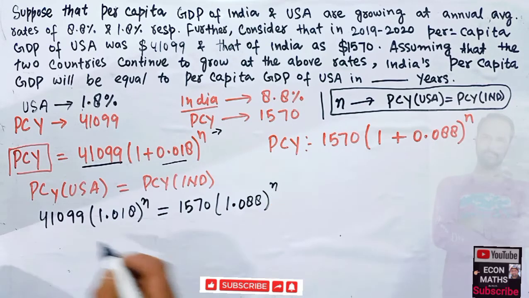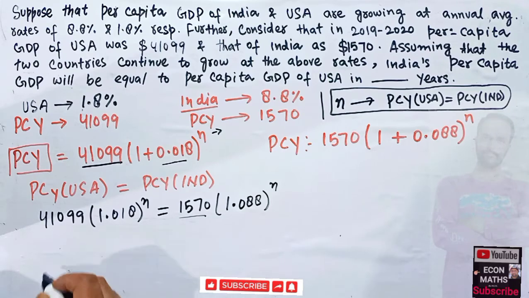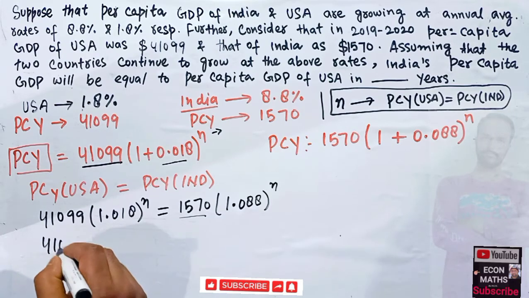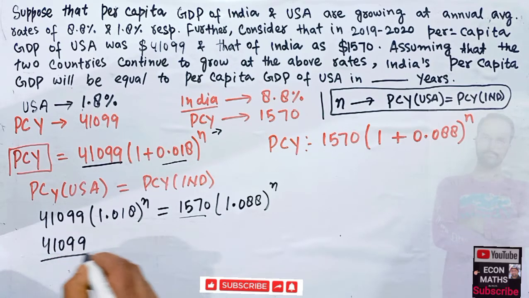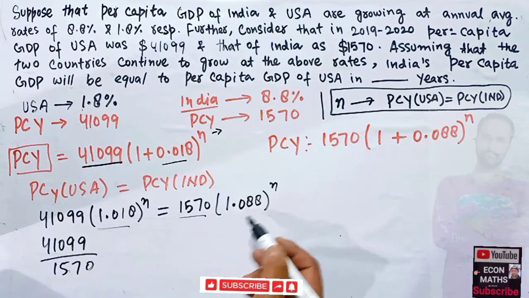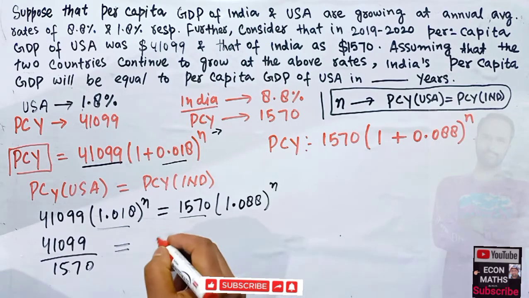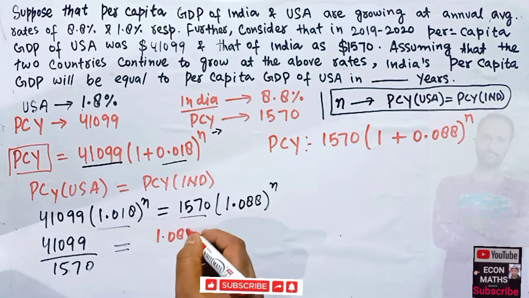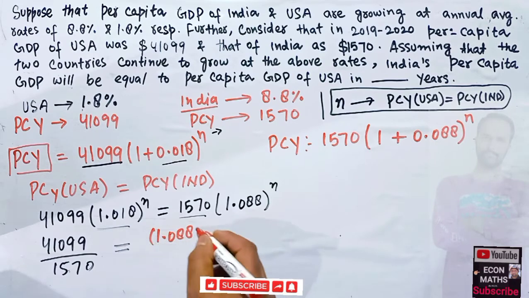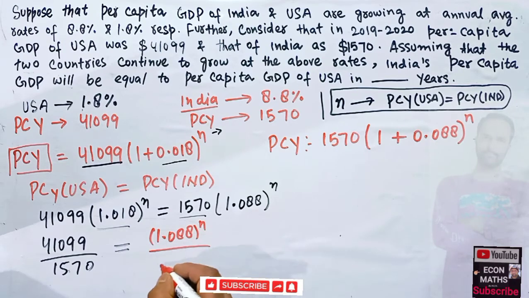Now just transpose this term to LHS. So we have 41099 upon 1570, and transposing this term to RHS, we have 1.088 raised to the power n divided by 1.018 raised to the power n.